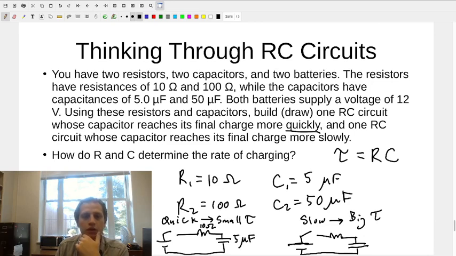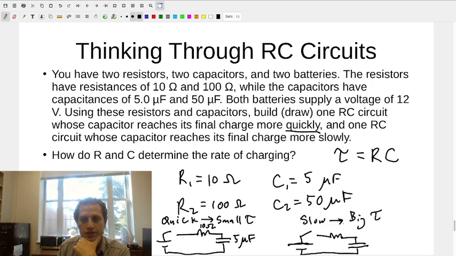This would allow the charge to pass through the resistor quickly, and your capacitor would not hold very much charge, so it would charge to its final state pretty quickly. The final state would only hold 5 times 12, so 60 microcoulombs of charge.